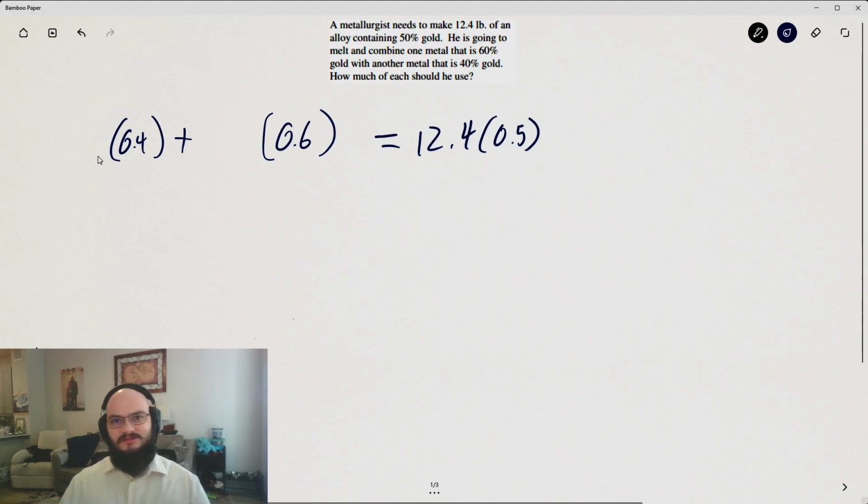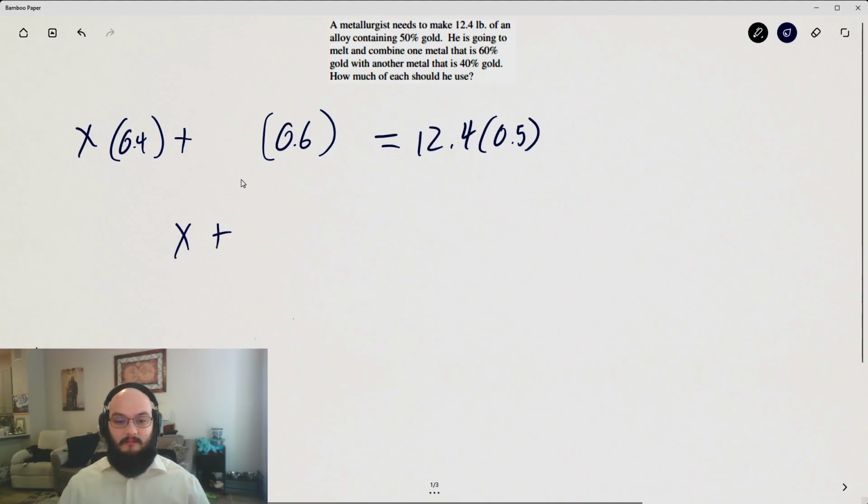We're missing two separate values here. So let's call our first one X. And should we call our second one Y? No, don't do that. We don't want to add a second variable in here if we don't have to. What we're going to do for the second one, we know that however much this is plus however much this is makes 12.4.